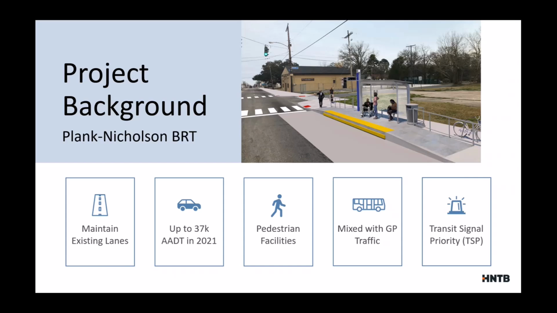There are up to 37,000 ADT in 2021 in some parts of the corridor. We are implementing some enhanced pedestrian facilities as part of the project, especially around the station locations. Like I said, we don't have dedicated BRT lanes, so these buses will be running with mixed traffic, with general purpose traffic. And then we want to implement transit signal priority, and so we're modeling TSP in this project.